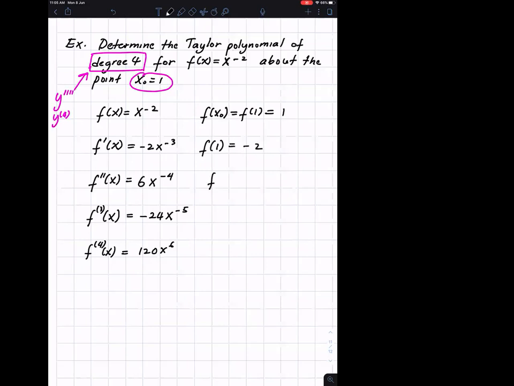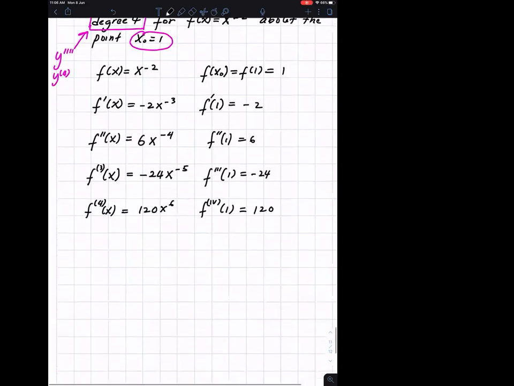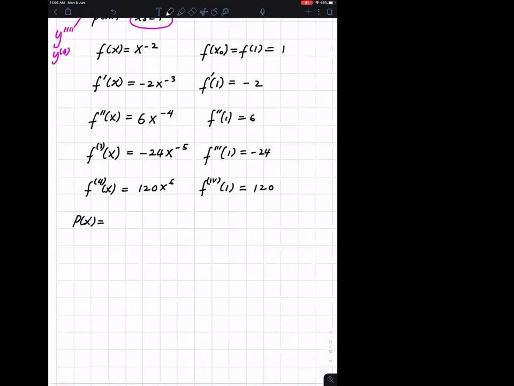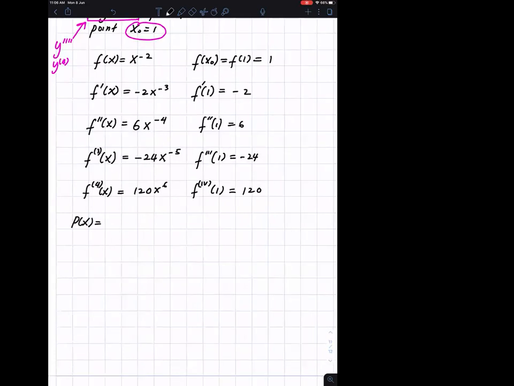So you continue to do this at all the derivatives. For doing that, just plug into this polynomial. And then, of course, this polynomial is going to be long because you're going to go up to the fourth derivative.